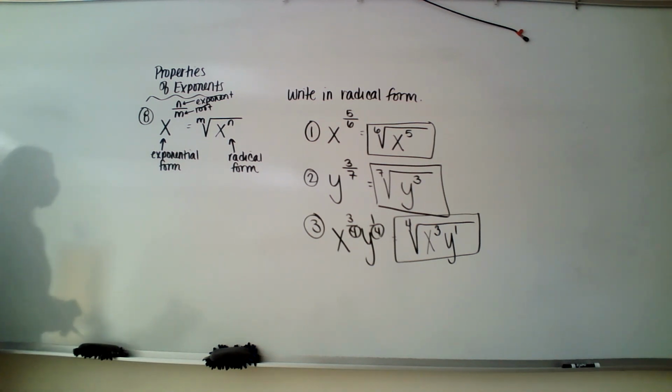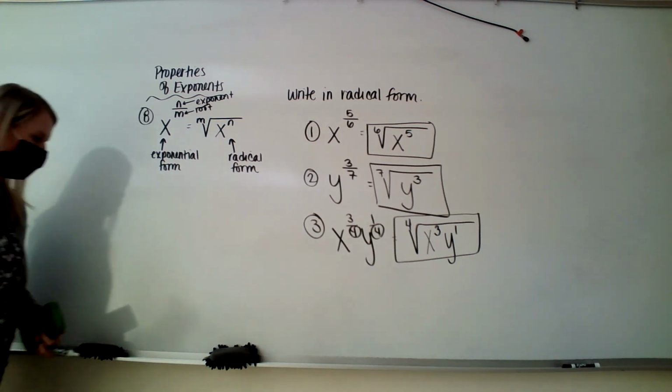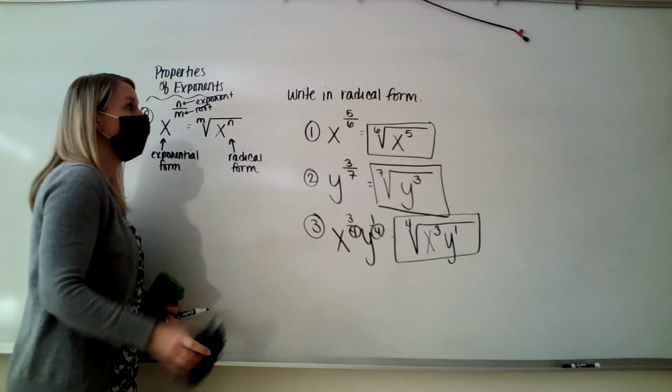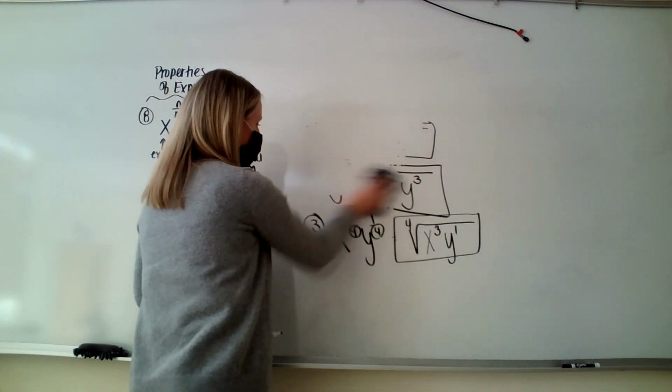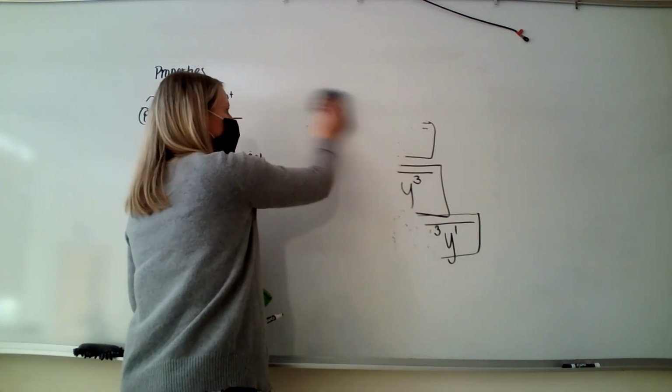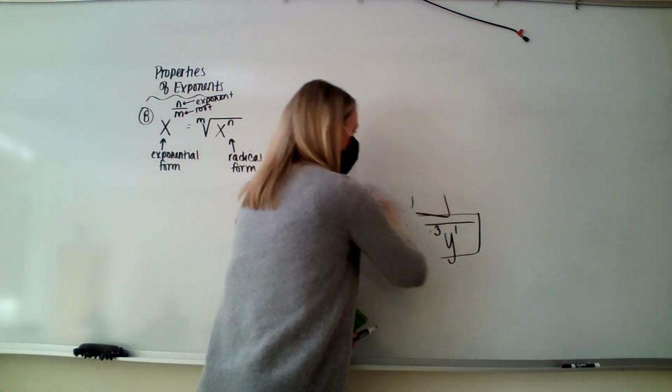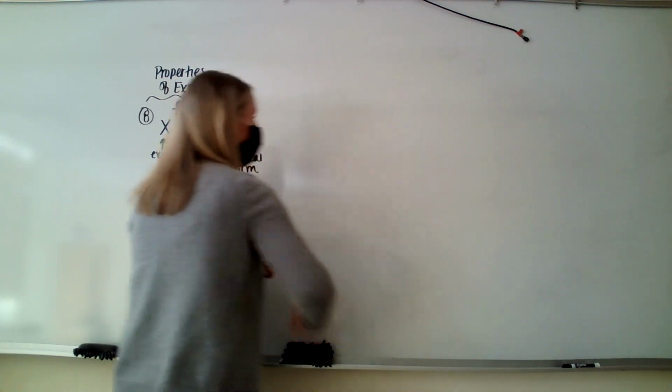Okay, so the next one is when we're going to need the calculator, so I'll show it to you in a second. We're going to do the opposite way. I'm going to give you a radical, and we're going to write it in exponential form. Once again, just getting used to it.